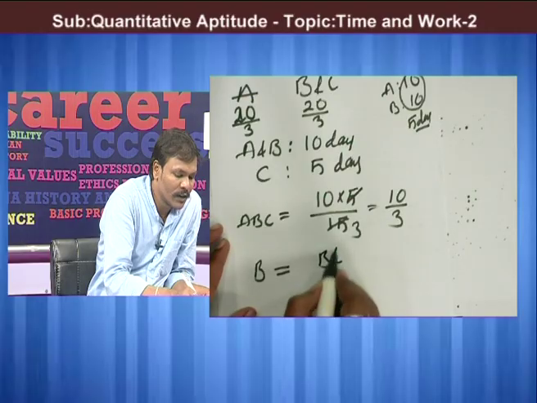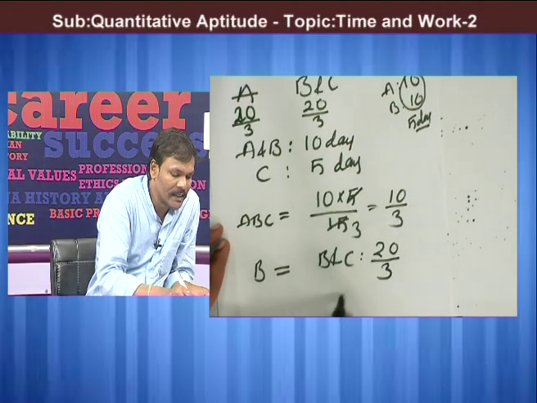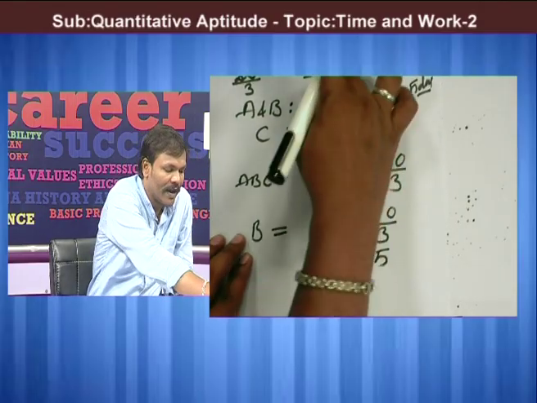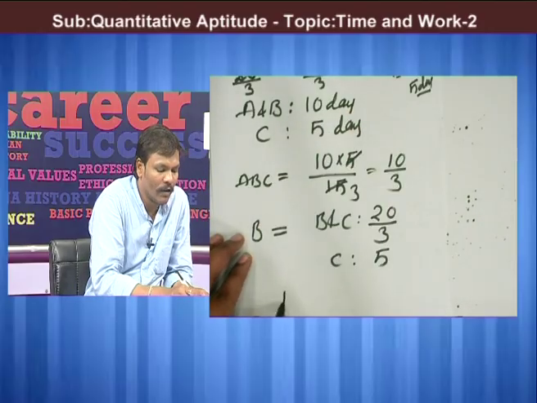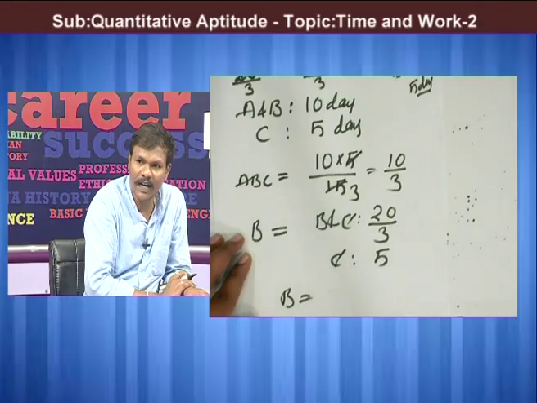What do we have? B and C is 20/3, C alone is 5 days. We want only B, that means from BC, if you remove C, you get the B value.